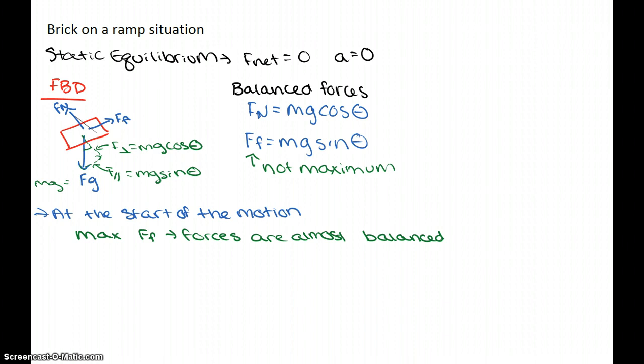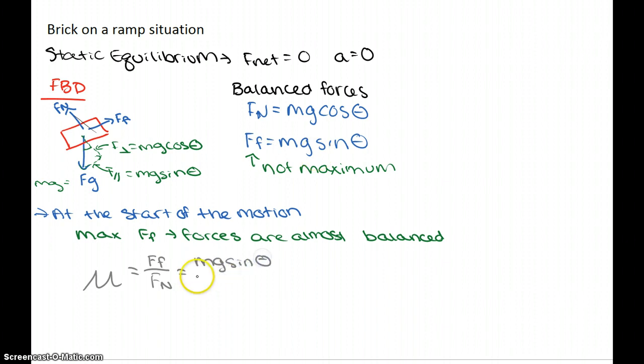So when we're talking about friction, we have this funny thing called mu, and mu is just the ratio of the force of friction to the normal force. We'll do a little bit more with that. But the force of friction, I said, was the same as mg sine of my angle, and my normal force was the same as mg cosine of my angle.